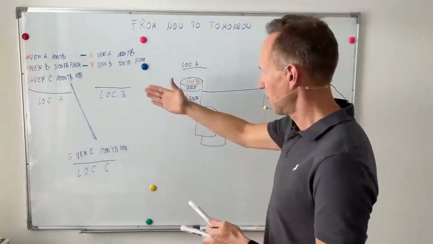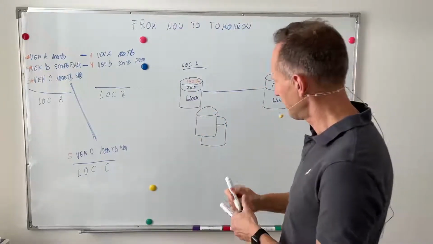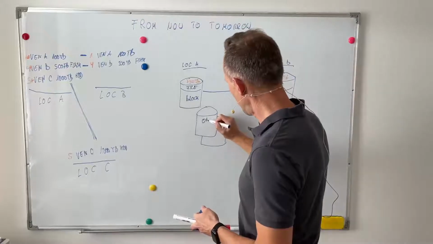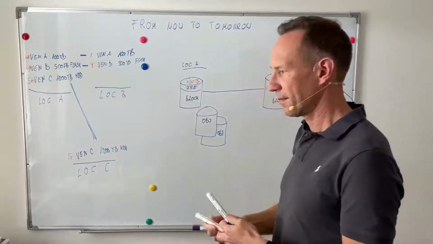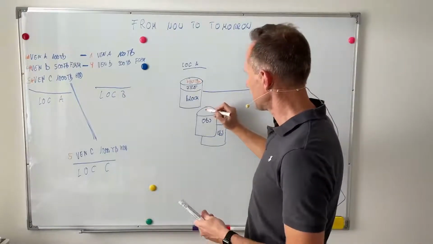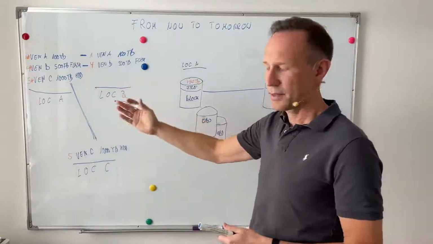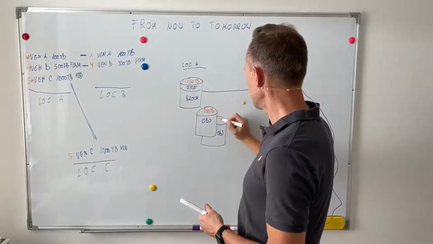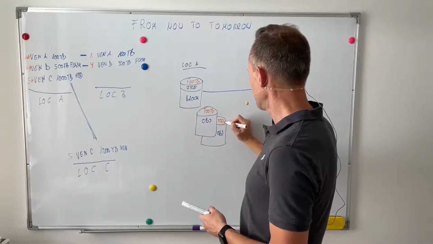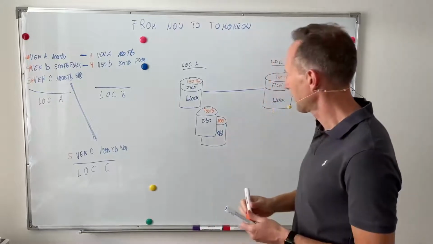We call it object in our case, which is like object and object. And we said we need 600 terabyte plus a bit of growth. We make this 700 and this like 500 terabyte.